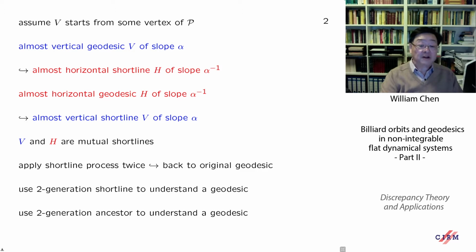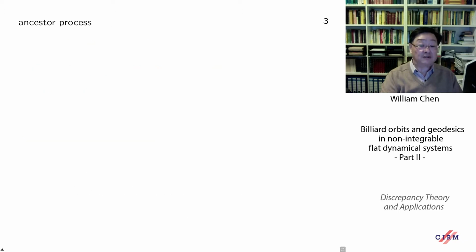This means that we can use 2-generation short lines to understand geodesics, or going in the other direction, we can use 2-generation ancestors to understand geodesics. So let's talk a little bit about ancestors.